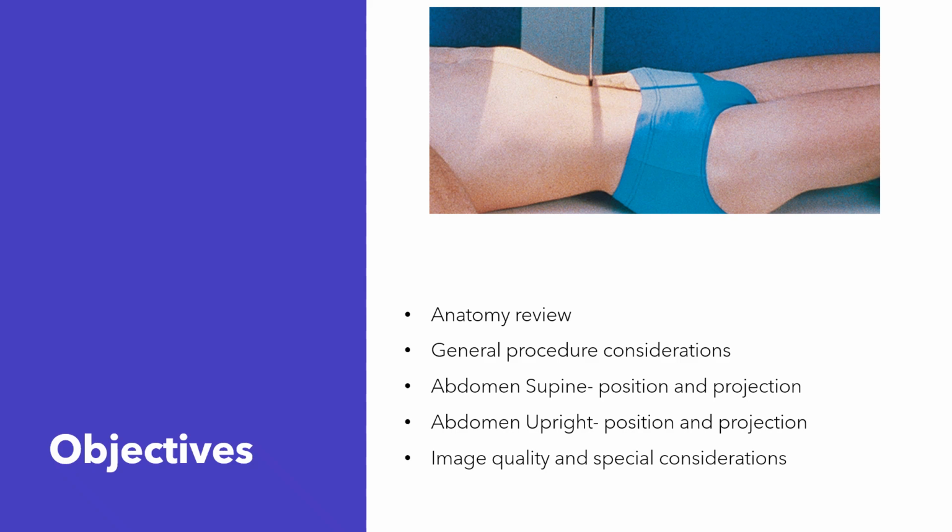Okay. So our objectives for this lecture: it's going to follow this basic format all the way through procedures. I'm going to start in the slideshow with an anatomy review. And I say review because you should be covering this stuff in your human structure and function class. The depth that we do anatomy in procedures class is not the same depth that you cover.